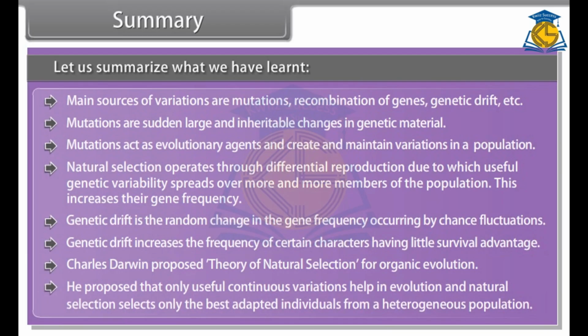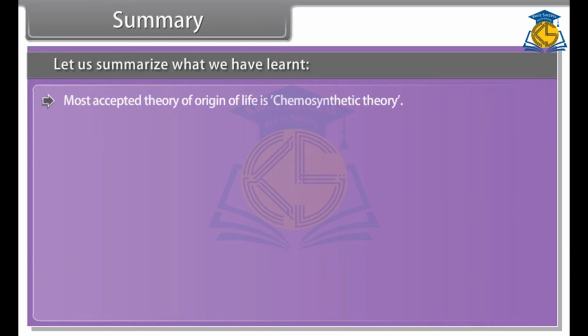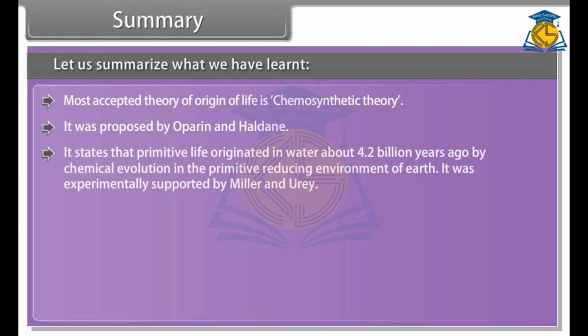Most accepted theory of origin of life is chemosynthetic theory. It was proposed by Oparin and Haldane. It states that primitive life originated in water about 4.2 billion years ago by chemical evolution in the primitive reducing environment of Earth.